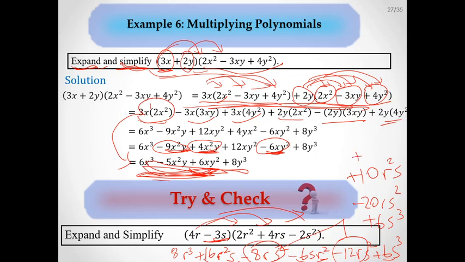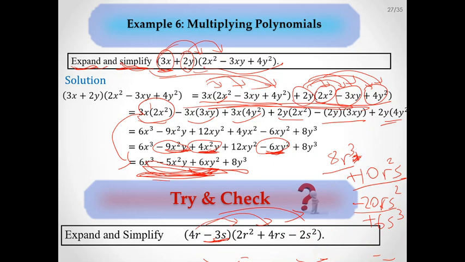And at the beginning we have 8 r cubed. Okay, 8 r cubed plus 10 r squared s, negative r s squared, and plus 6 s cubed. Okay, I can erase this. So the answer is now 8 r cubed plus 10 r squared s, and negative 20 r s squared plus 6 s cubed.